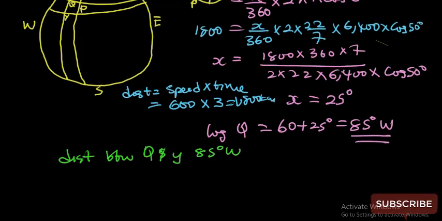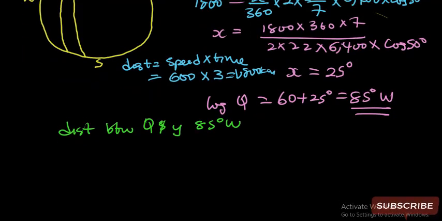Okay, and so we're still going to apply the formula. This time around, we were told that it traveled 500 kilometers. So we have the distance as 500 kilometers.